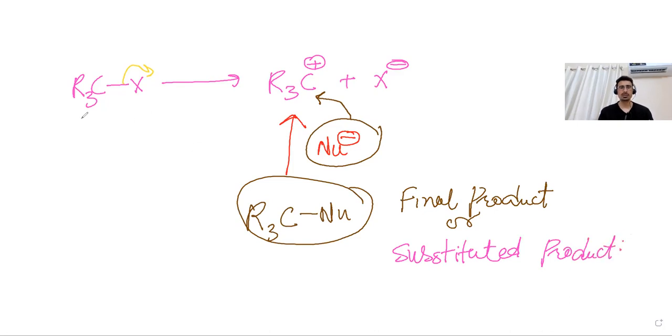I hope it's clear that in substitution reactions of this SN1 type of mechanism, the rate of the reaction depends only upon this reactant, that's alkyl halide.